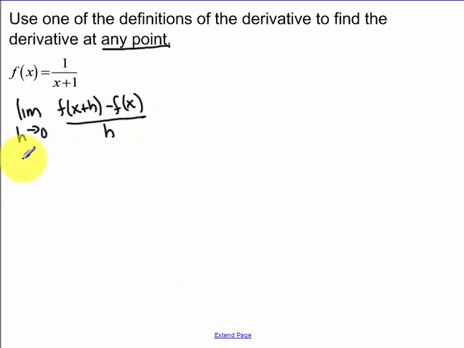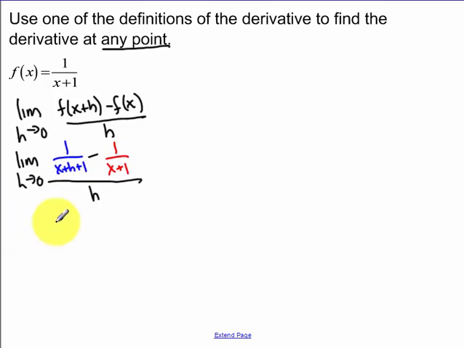So we have the limit as h goes to 0 of f of x plus h. So I plug in x plus h wherever I see an x, minus f of x, which is just your regular old function, all over h.